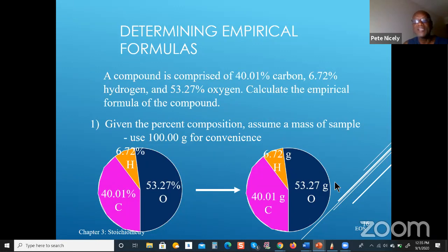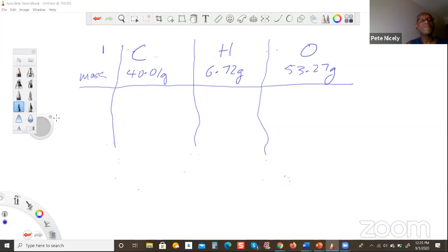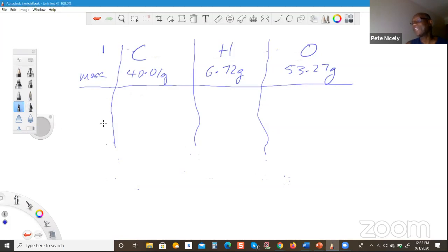So let me get out of this here and get to this. As you can see, I've already set up a table where I have 3 columns, 1 for carbon, 1 for hydrogen, and 1 for oxygen, all right? The first step in this process, because the question gave you the percentages of each element, is that you simply assume that you have 100 grams of the compound that you're working with.